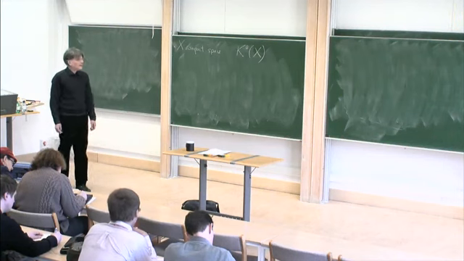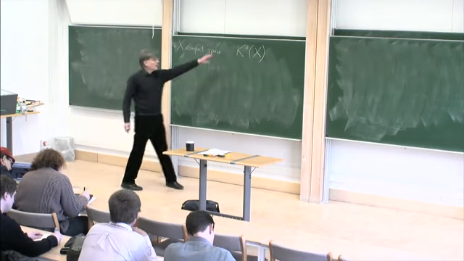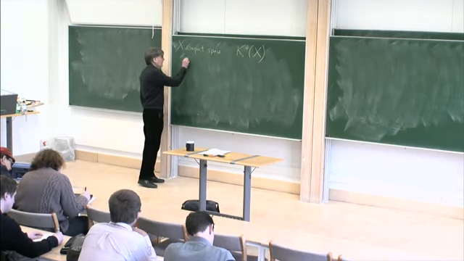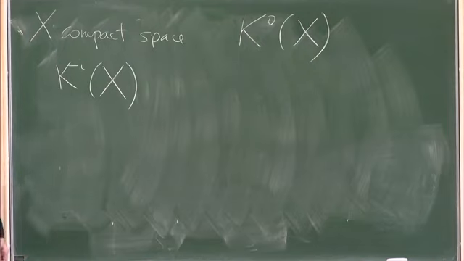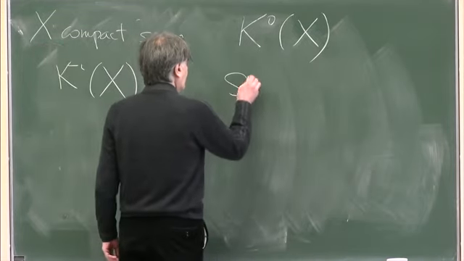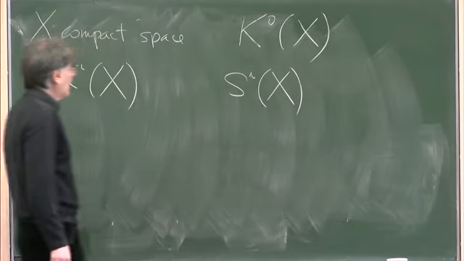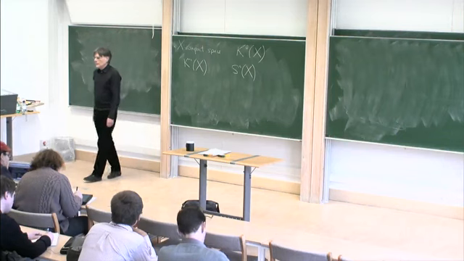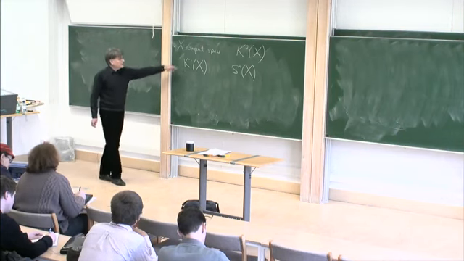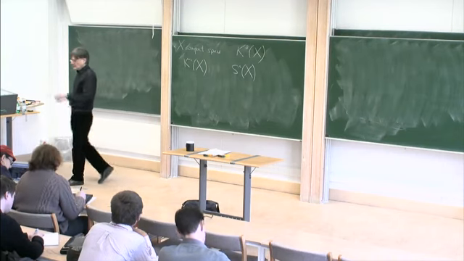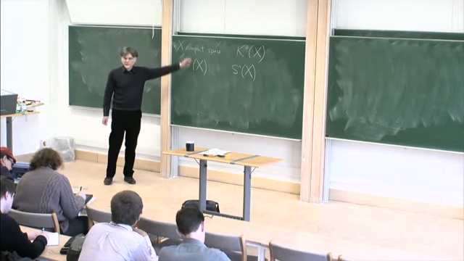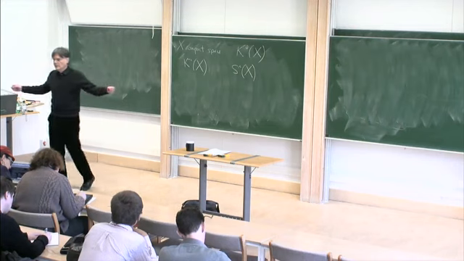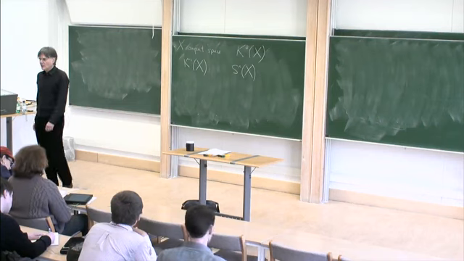And the point is that they were then able to make this into a cohomology theory by defining other groups. First of all, they defined negative ones, roughly speaking, by applying the same functor to the i-fold suspension of X. And then they used the Bott periodicity theorem to say that these groups so defined for negative integers were periodic with period 2 in i, and therefore could be defined by periodicity for all integers, and then they fit into the long exact sequences that give one a cohomology theory.